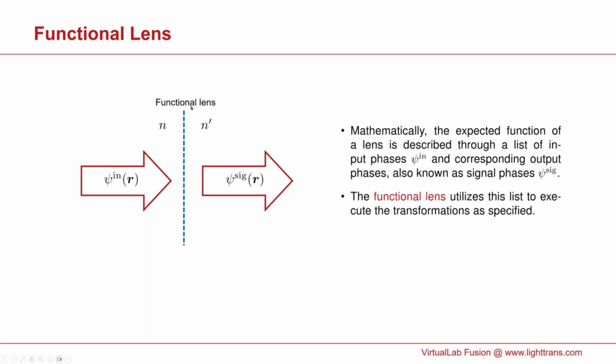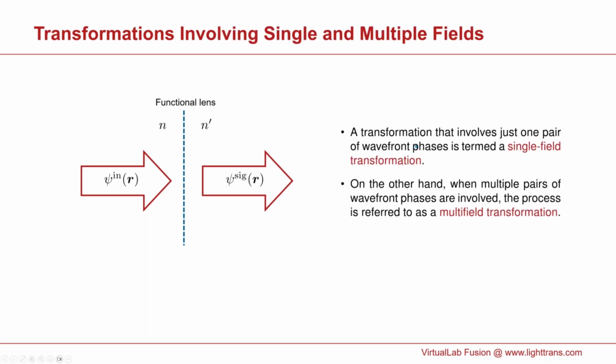And the functional lens is the object that utilizes the list to execute the transformations as specified. We distinguish transformations that involve just one pair of wavefront phases, which is termed a single field transformation, and on the other hand, when multiple pairs of wavefront phases are involved, the process is referred to as multi-field transformation. So then we have a J there because we have a set of them.